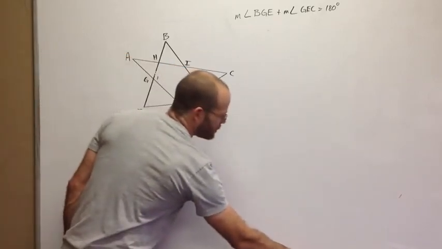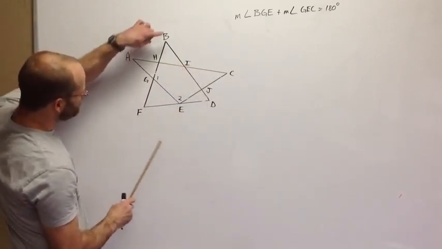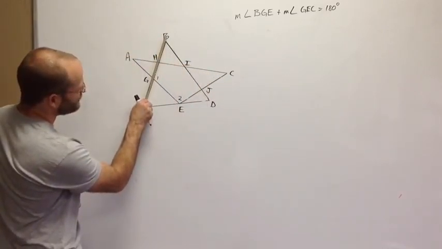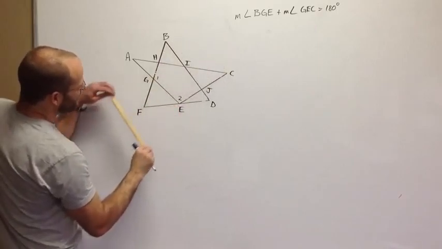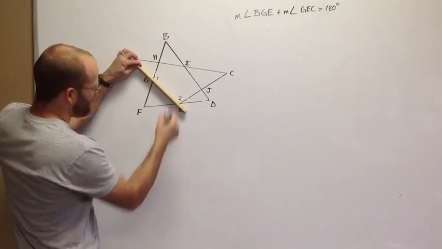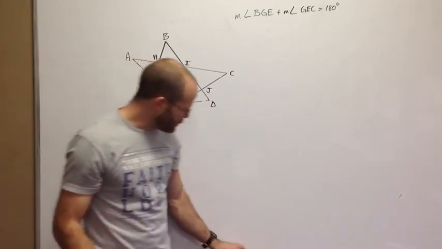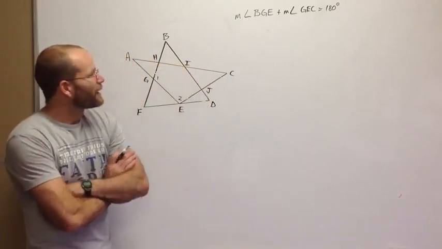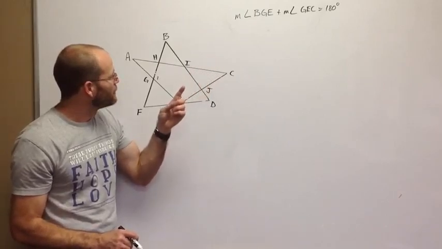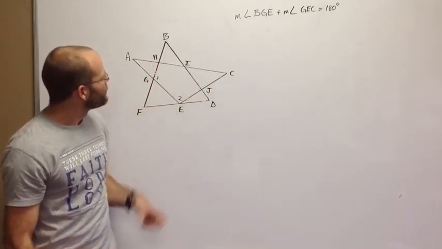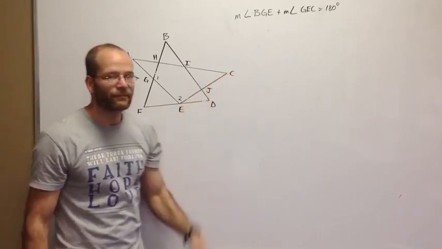If you look at this line BF as one of the lines, and CE as the other line, you find that this is my transversal, and those are same-side interior angles. The most recent rule that we learned, the converse of the same-side interior angles theorem, says that if same-side interior angles are supplementary, well then these lines must be parallel. So I find that line BF must be parallel to line CE.